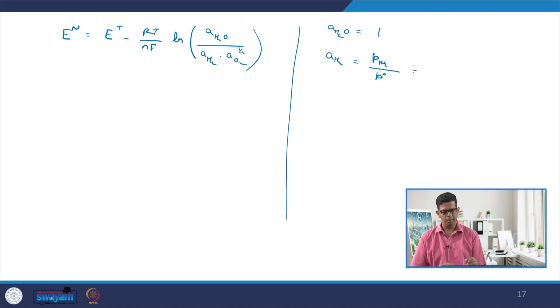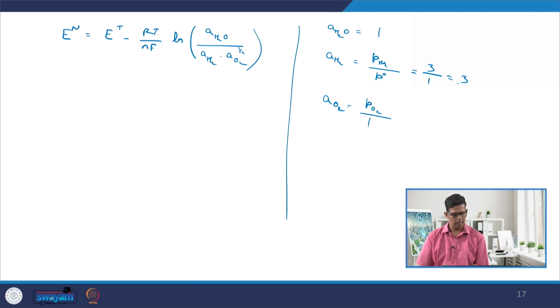In this numerical the pressure is 3 atmospheres, so 3 by 1. The activity of oxygen is the partial pressure of oxygen by standard pressure. There is air supplied to the cell at 5 atmospheres, so 5 times 0.21 divided by 1, which comes close to 1, and that is the activity.